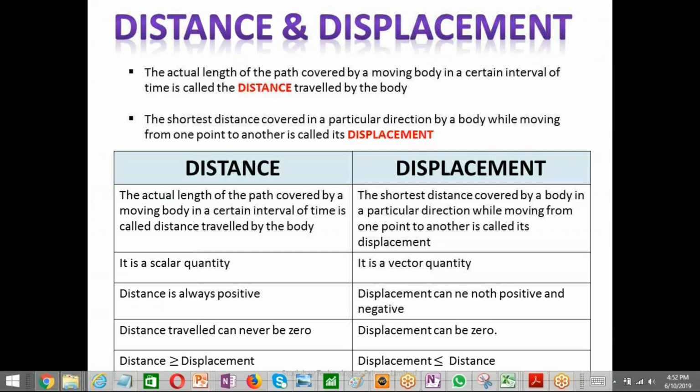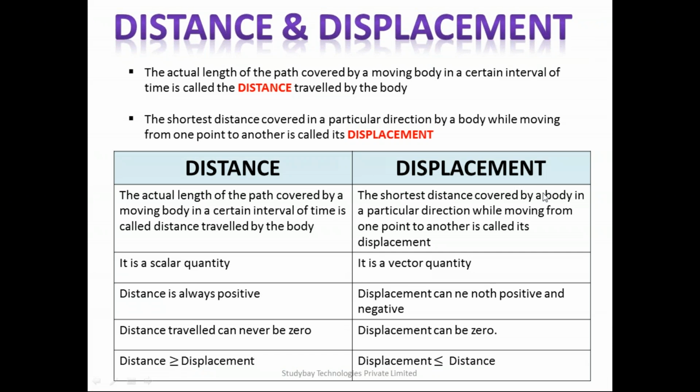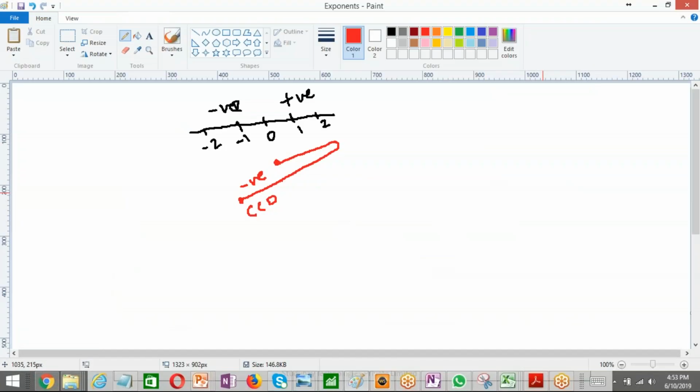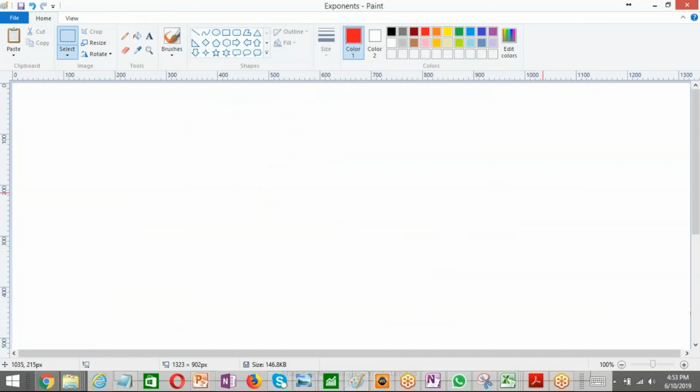Even if you move a single inch, there is a distance. Let me show you how we can realize this concept with an example. Let's say this is your initial position, and you travel from here, and this is your final position.